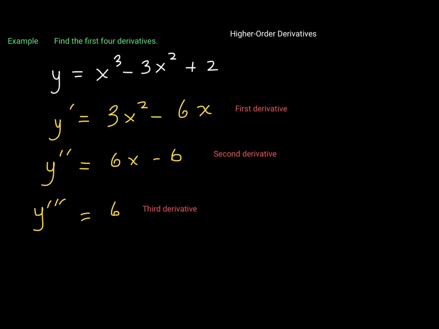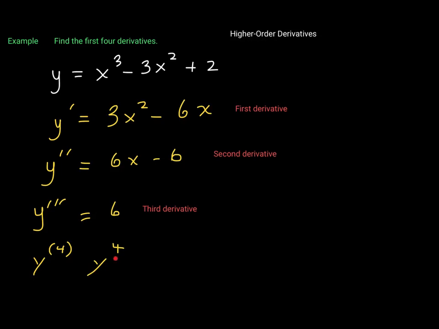Finally, the fourth derivative. Okay, we're going to write it like this, folks. We're not going to do y quadruple prime, right? We're not going to do 4 marks up here. Instead, what we're going to do is y, and then put in parentheses 4. These parentheses are important. If the parentheses are omitted, it looks like y to the fourth power.